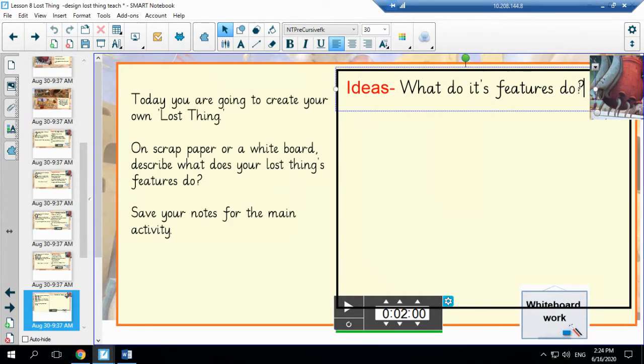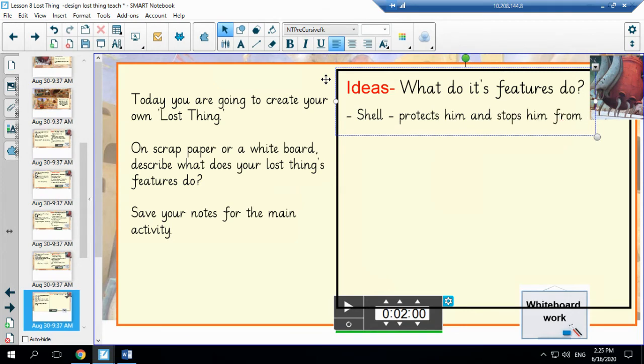So we should already have some idea of how to do this, as one of our lessons last week was very similar. We were talking about its features and the uses of the features. So for example, shell. Shell protects him and stops him from getting wet.